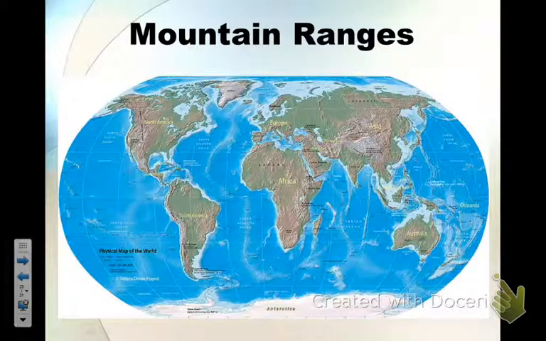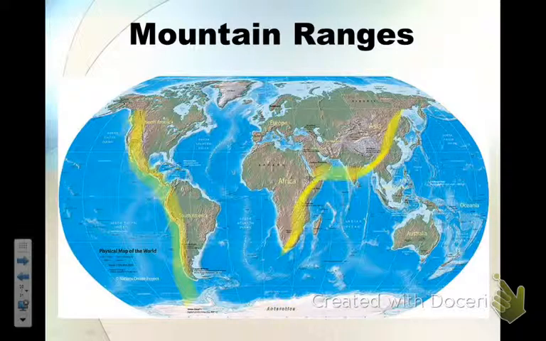All right, so typically if you look at this picture of our world, we see a lot of mountain ranges here. We see a lot here. We see many here. Look at your map. Notice up here, I'm adding a few more.